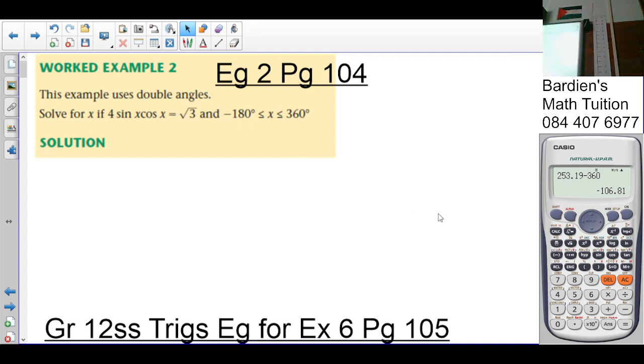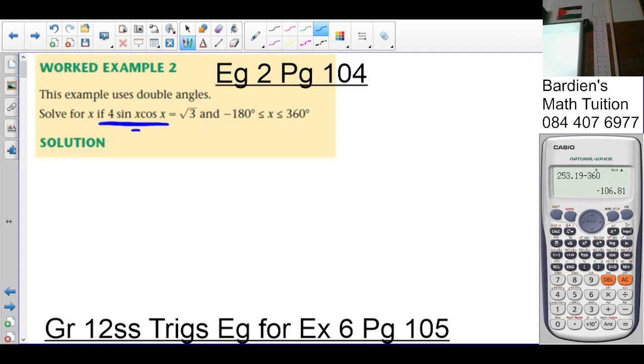Okay. So where do we start? We start off by working out the general solution. We must first get the trigonometric ratio on its own. But if you look at 4 sine x cos x, what does this remind us of? Sine x cos x. The sine double angle, not so? But what is normally in front of it? A 2.